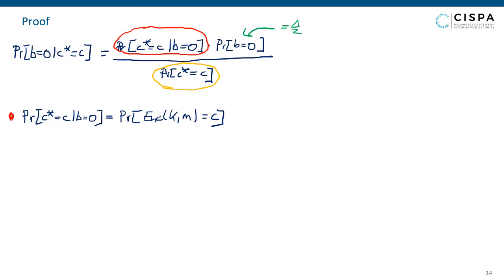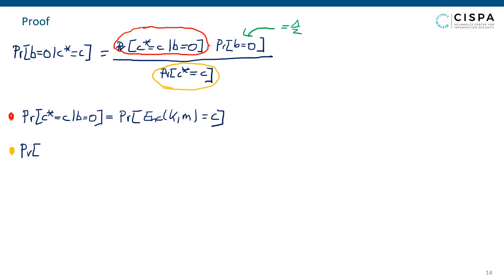Next, let's compute the orange part. As is almost always the case in these denominators that arise after an application of Bayes' rule, we will use the law of total probability to do this.